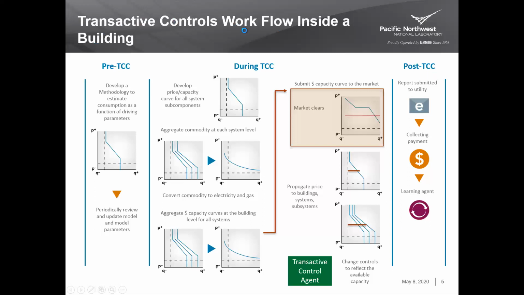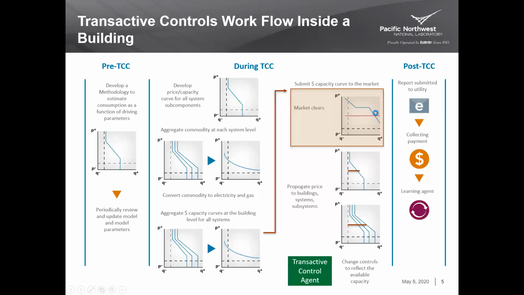So that's the basic TCC workflow: develop a model. When you deploy the agents during the TCC, they generate their price capacity curves. There's some level of aggregation for those curves, and that's translated into an overall demand for either electricity or some other commodity.